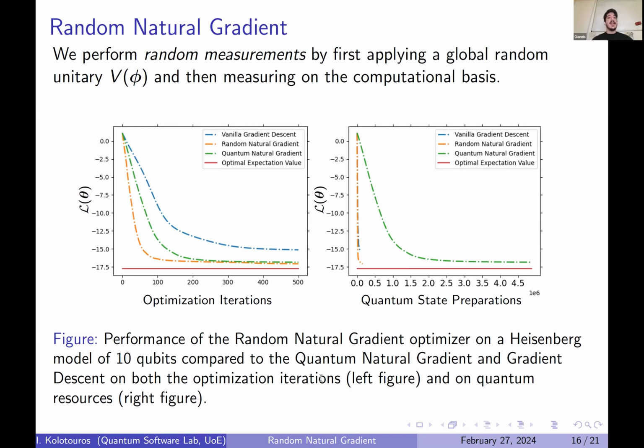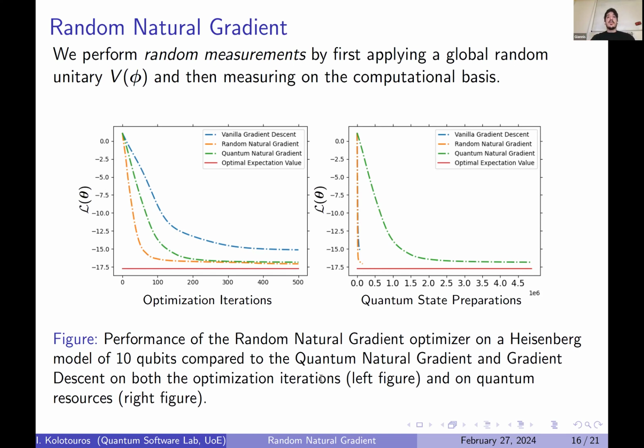And on the right hand side, we see the actual quantum states that one has to prepare during the optimization process. As you can see, the number of quantum states that you have to prepare, and even the optimization iterations, are significantly less than the number needed in the quantum natural gradient.